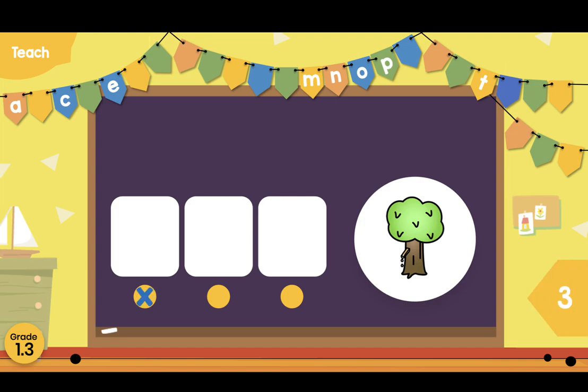Now, boys and girls, you already can write A. You also can write P. Let me show you what S looks like. Yes, that's right. Someone says it looks like a snake. It really, really does.